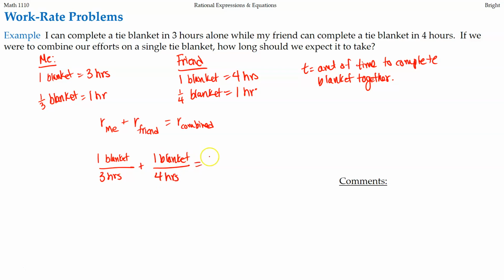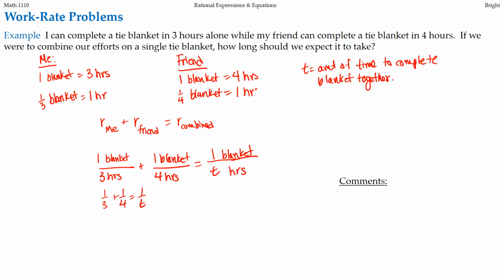But then together, we know that we can complete 1 blanket in some number of hours that we don't know. Okay, and so now taking away the units, this is the same as 1/3 plus 1/4 is equal to 1 over t.